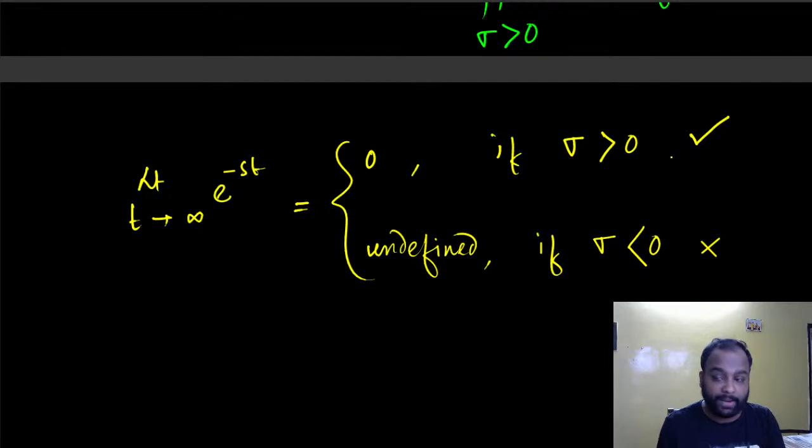Sigma has to be a suitable real number and has to satisfy certain conditions, and this is the condition it has to satisfy for this particular example. Unless sigma is a positive real number, your Laplace transform won't converge. Essentially the Fourier transform of e to the xt into e to the power minus sigma t won't converge. So unless sigma is a positive real number here, the Laplace transform won't exist, right?